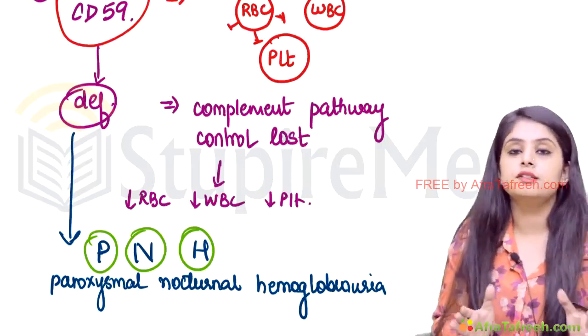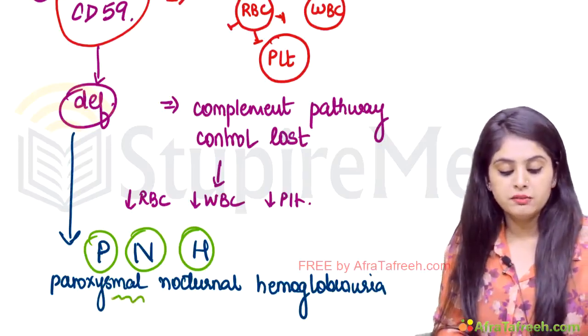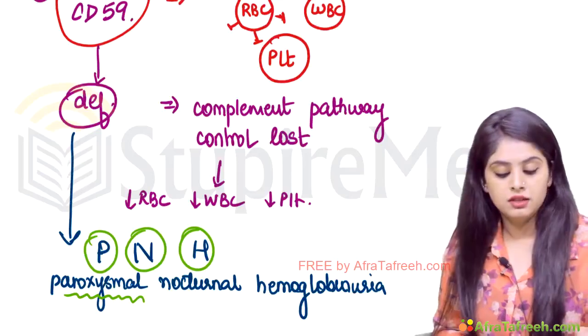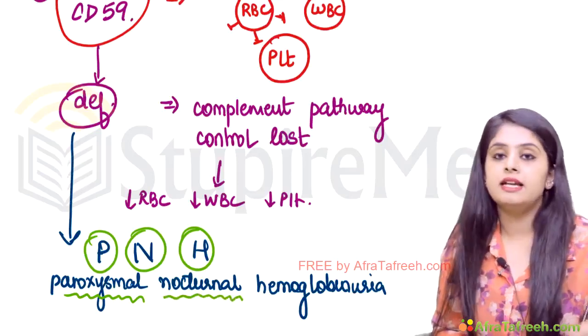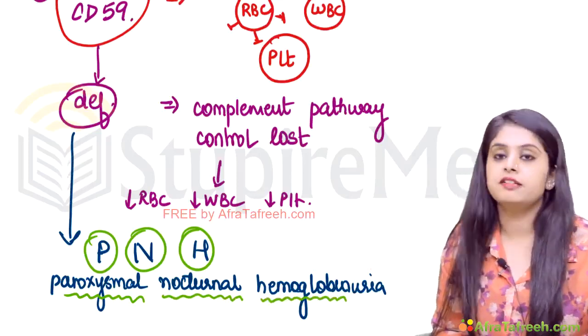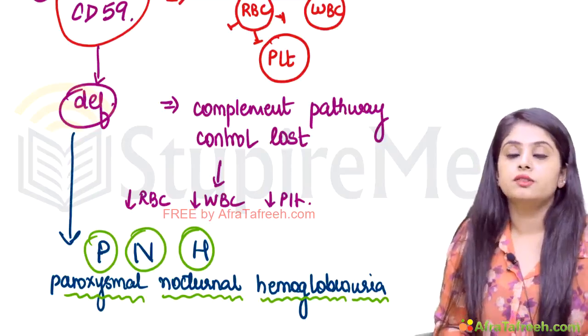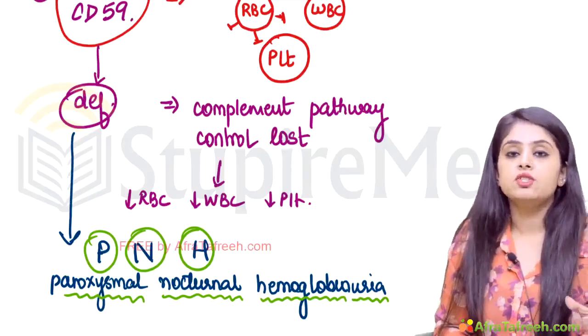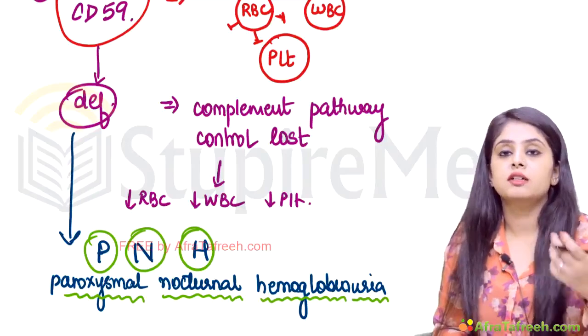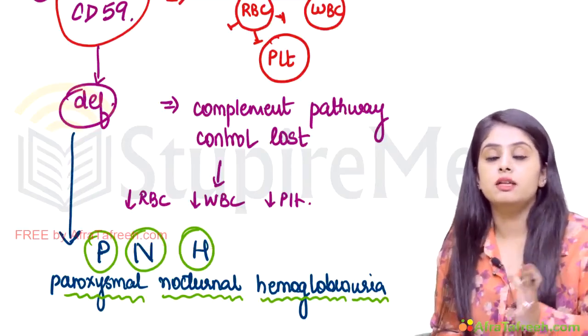So this is another disease that we will be dealing with in great detail, but you should know that paroxysmal means intermittent, nocturnal means night time, hemoglobin, as we already know, self-explanatory. Uria means in the urine. So there are intermittent attacks in which the patient tends to pass red colored urine at night. That is paroxysmal nocturnal hemoglobinuria.